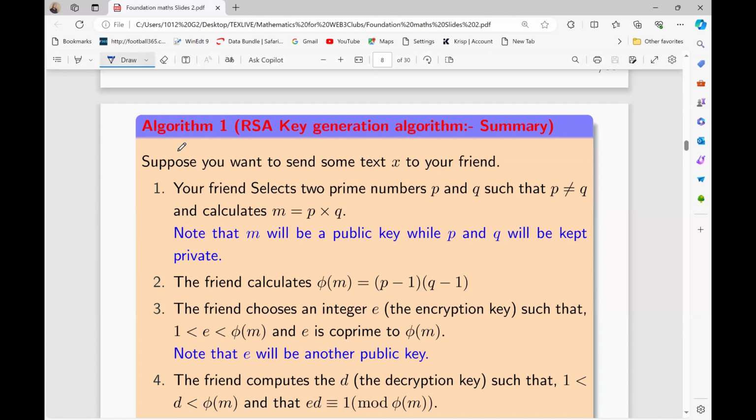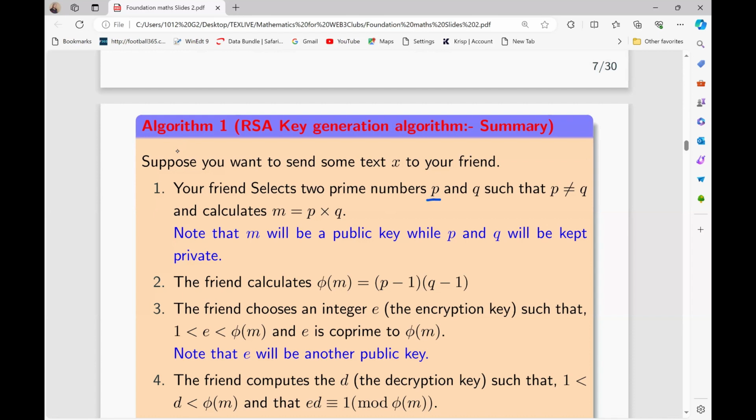So the first thing your friend will do is pick two prime numbers, P and Q, and we said they should not be equal. Then after picking those two prime numbers, your friend will get their product. This product, M, becomes the first key your friend is supposed to publicize.